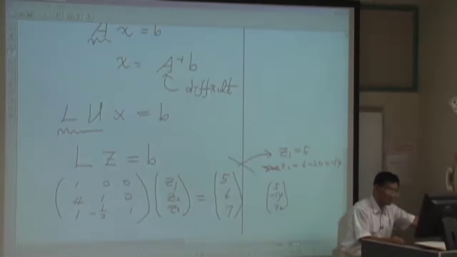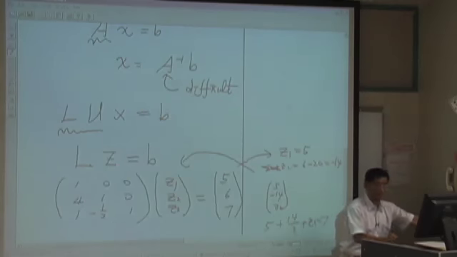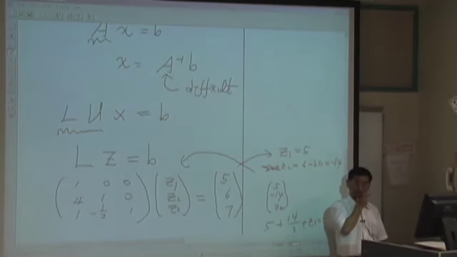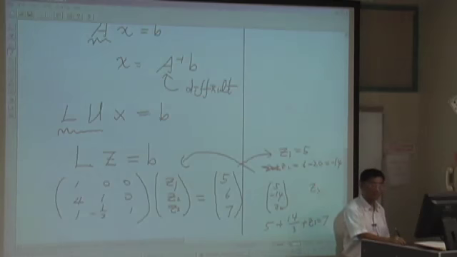With 5 and negative 14, this is multiplied here to get the result. Then 5 times 1 is 5. Negative 14 times this is 14 thirds, plus Z3 equals 7. So Z3 is what? Z3 is negative 8 thirds from this calculation.